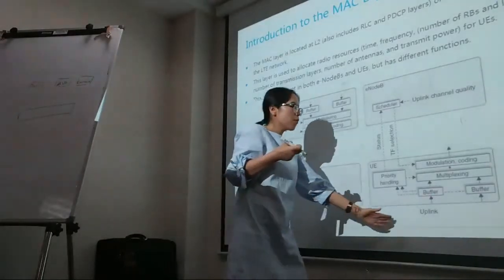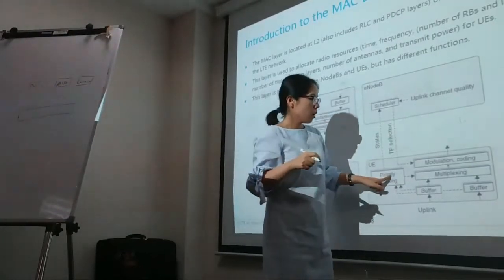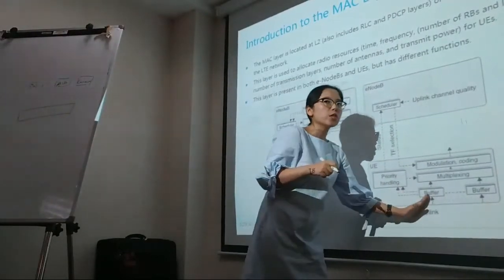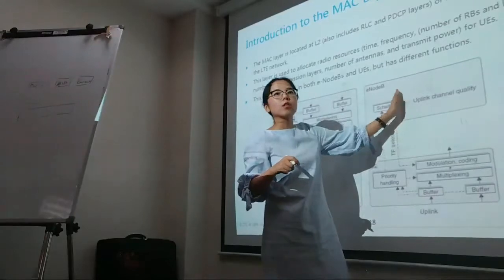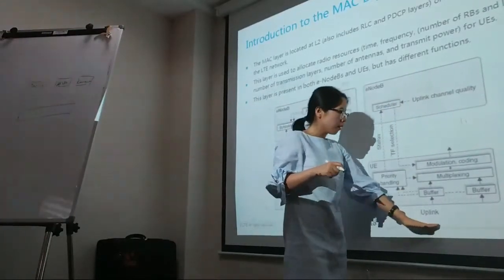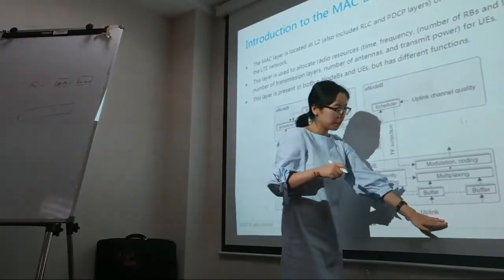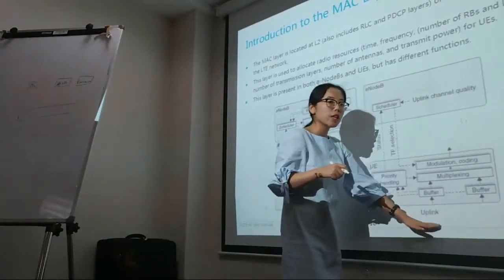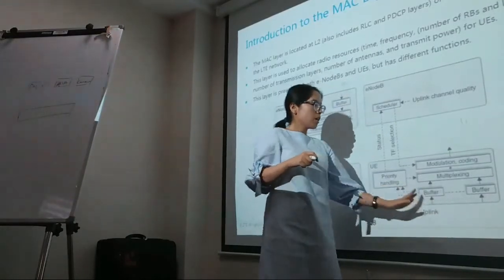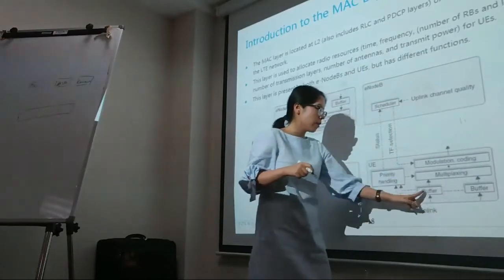For the uplink, the UE transmits to the Node B. For the uplink, the basics are the same. Data from the higher layer, the RLC, arrives at the MAC layer. Same, it first arrives at the buffer, and we store it in the buffer.